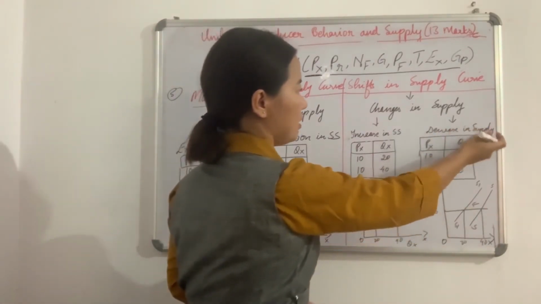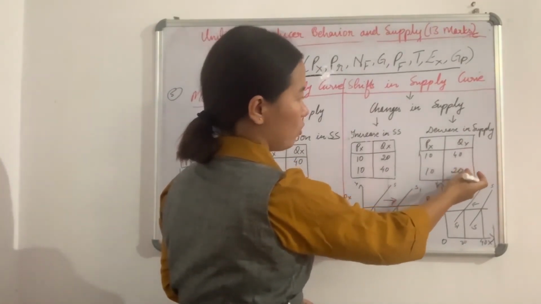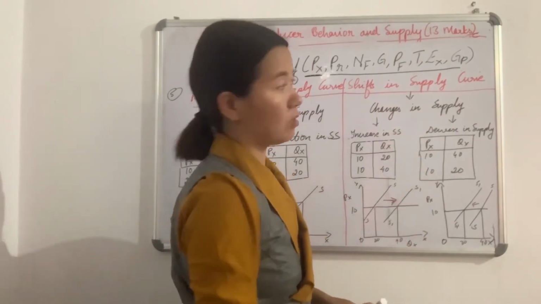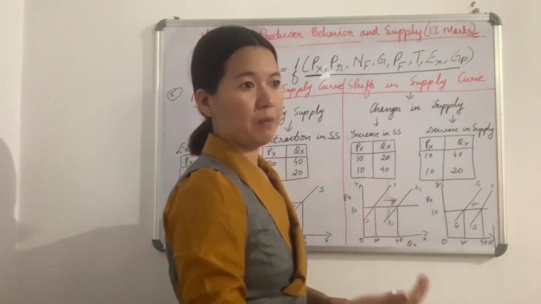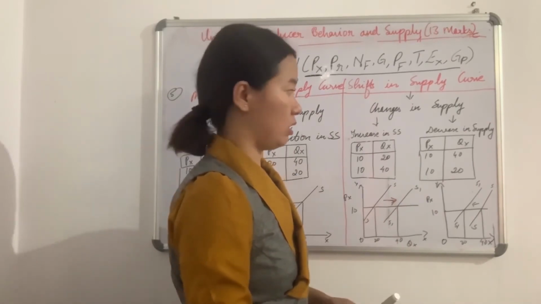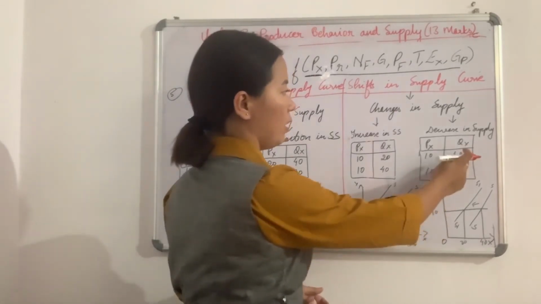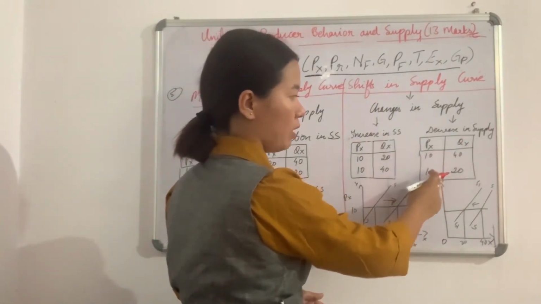And in decrease in supply, there is a decrease from 40 units to 20 units. There is a decrease in supply due to a change in other factors. For example, technology. The state of technology may have worsened or become outdated. So because of the outdated technology, the supply would fall from 40 to 20, but the own price remains constant.